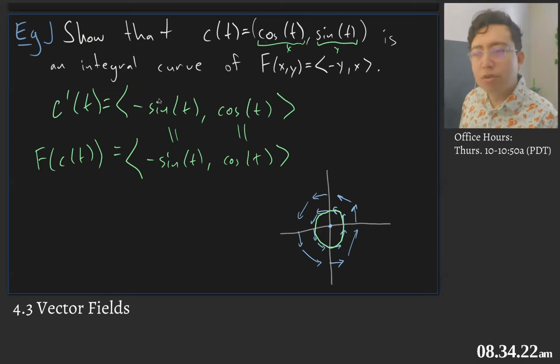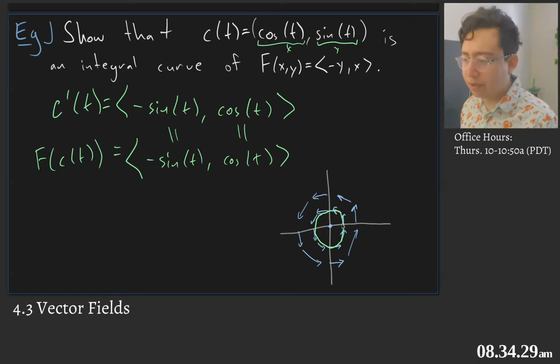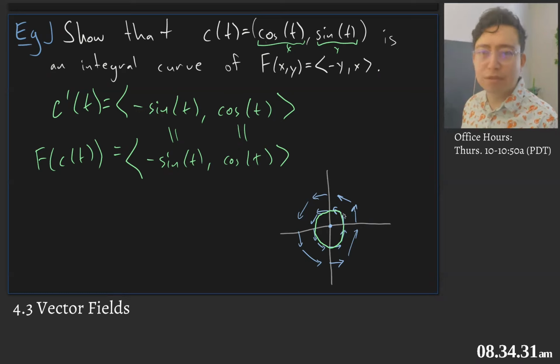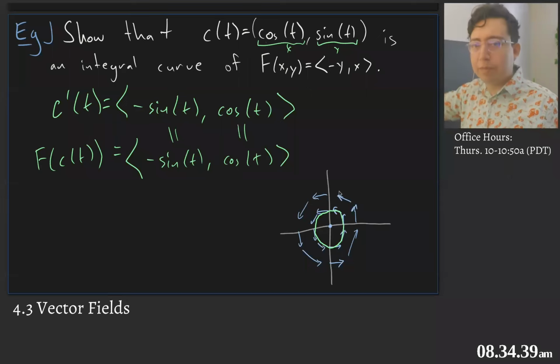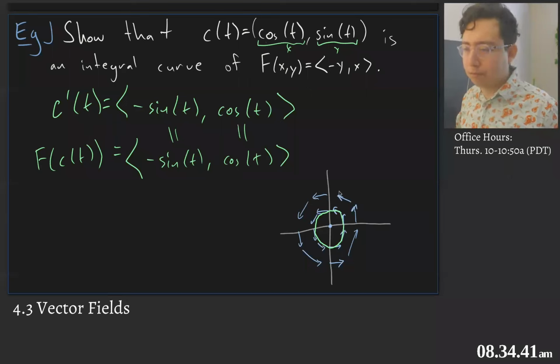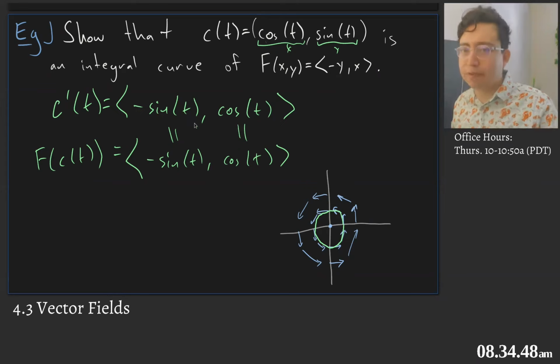But you're thinking of these now as the arrows of the vector field here. You are right that if I keep taking the derivative of this function, you will still get a circle. But the way it relates to this vector field is that the vector field is pointing in a certain direction. Okay, cool.